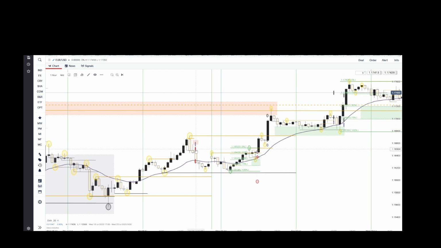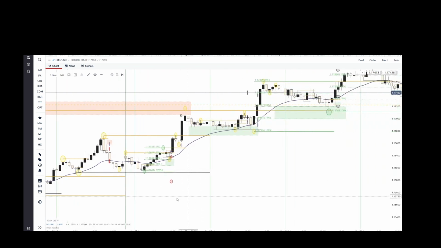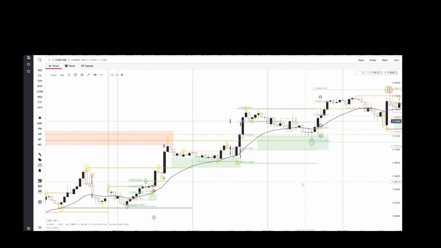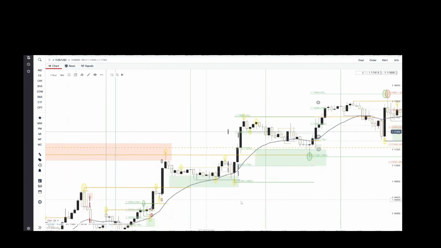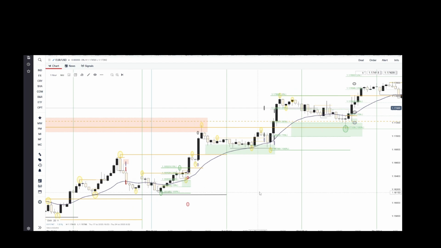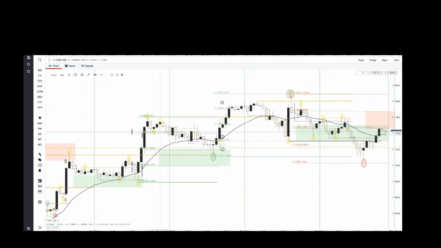I got into a short trade here after this bearish engulfing. But that's why I don't get sucked into trades where I don't want to take trades from.